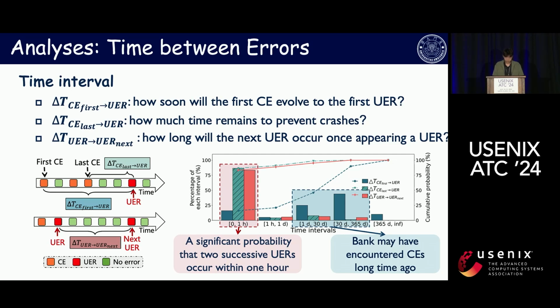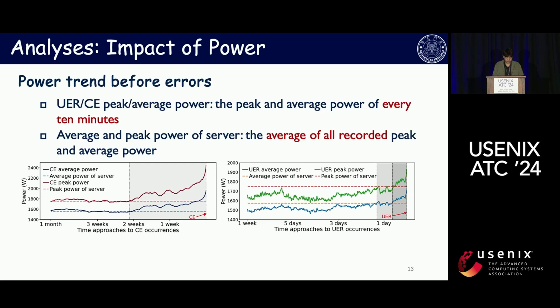This observation indicates that once a UER is detected, the prediction algorithm should be frequently launched to infer the newly emerging UERs. Then, we assess the impact of power on the occurrence of errors.